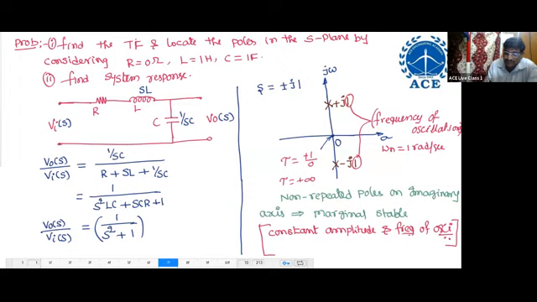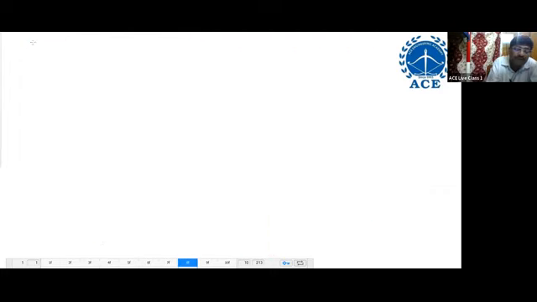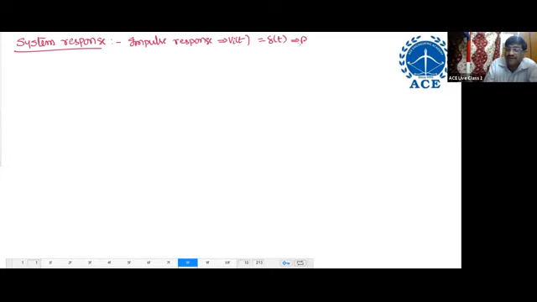Find the response, for example. System response means impulse response. Laplace of impulse is 1, remember if you don't know. So Vi of t equal to delta of t, Vi of s equal to 1.